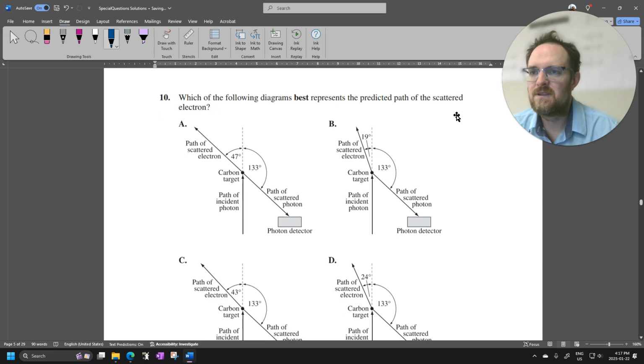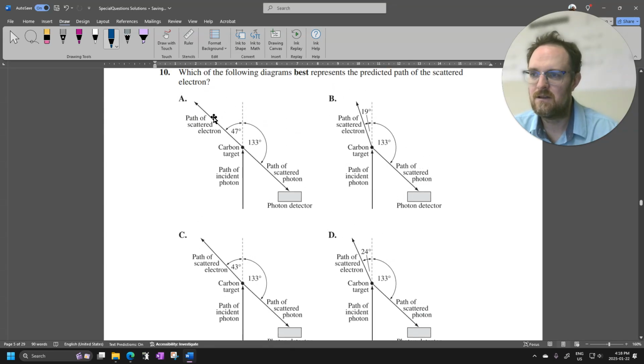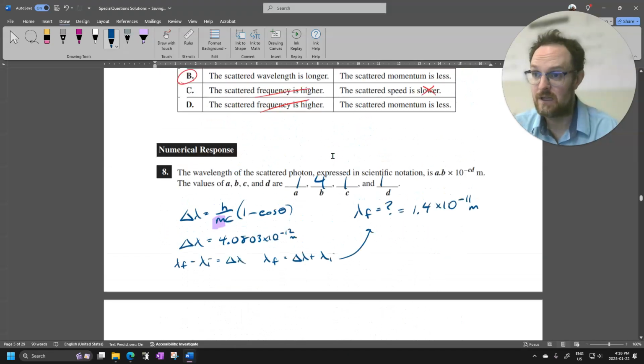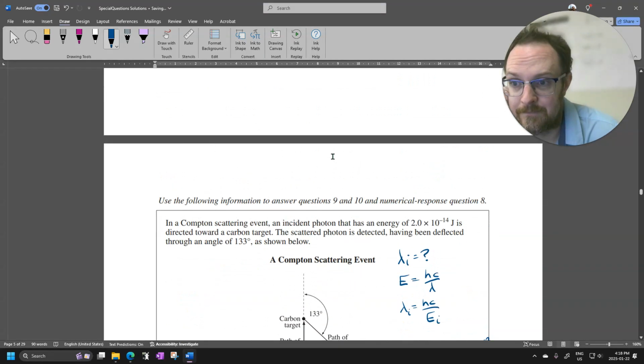Which of the following best represents the predicted path of the scattered electron? Okay, so let's see. The scattered electron. It's all about the angle here. Which angle is correct? All right. So to figure this one out, it's all about conservation of momentum, right?